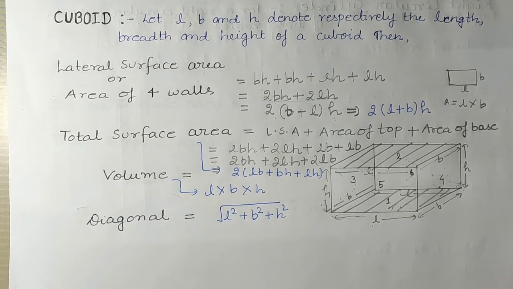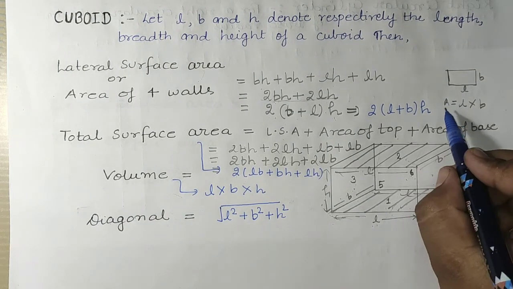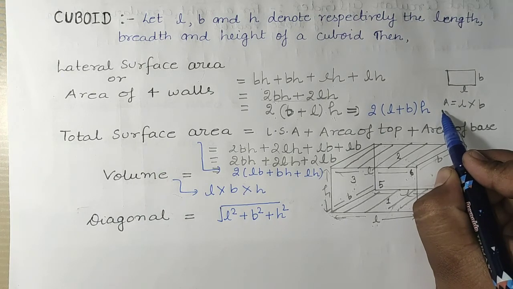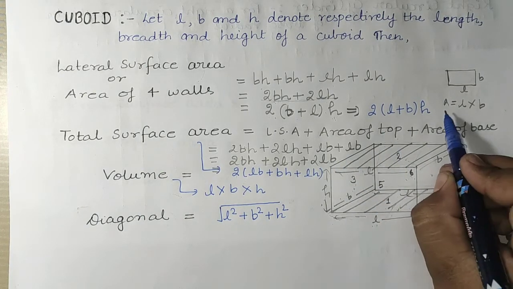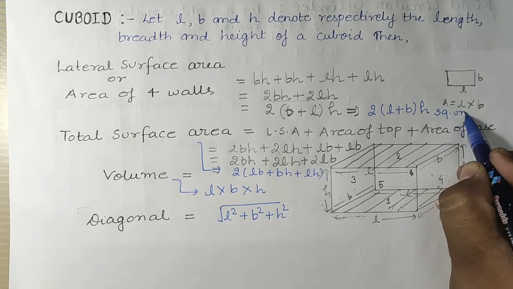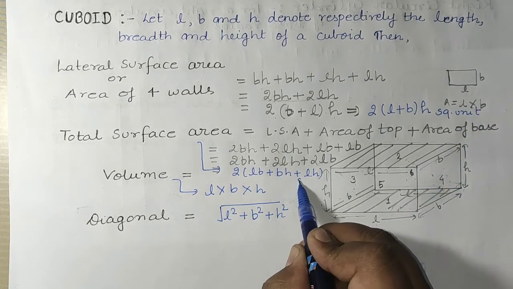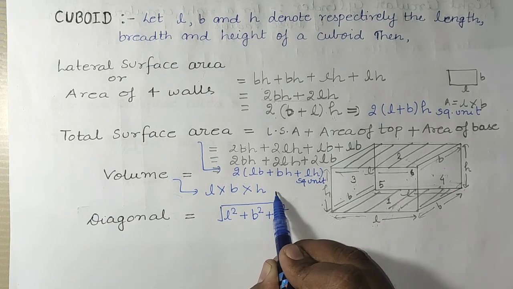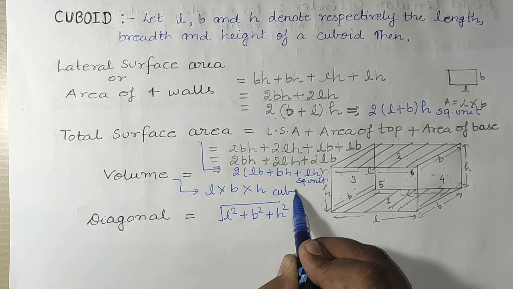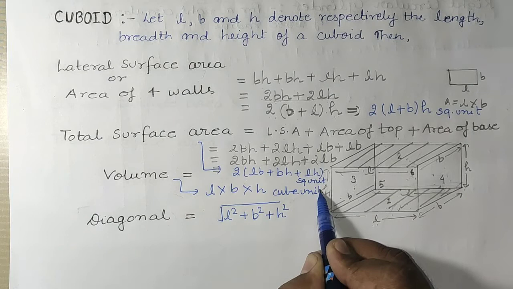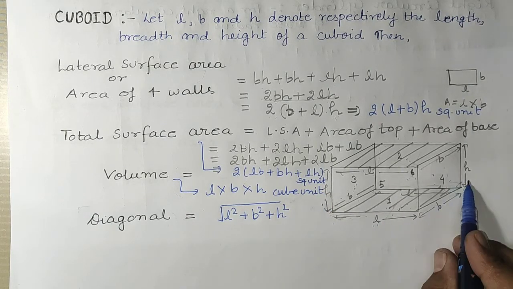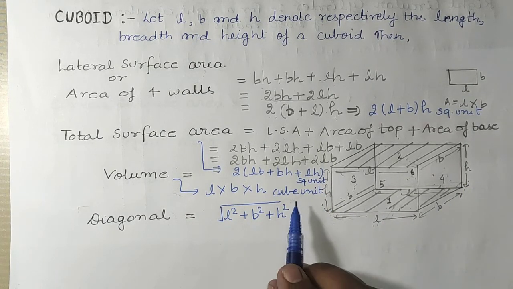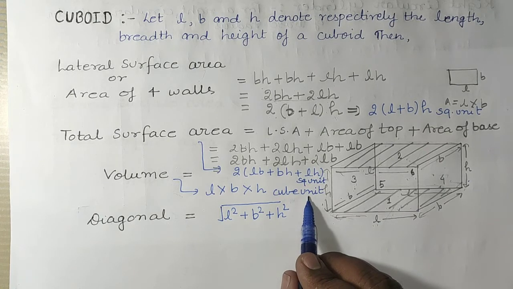One more thing you have to understand, when you are writing the lateral surface area or the total surface area, you will write in square unit. But if you are finding the volume, you will write in cube unit.